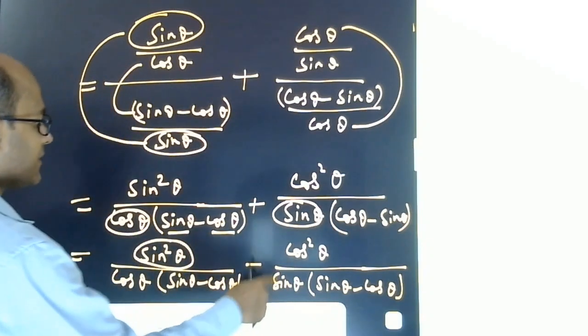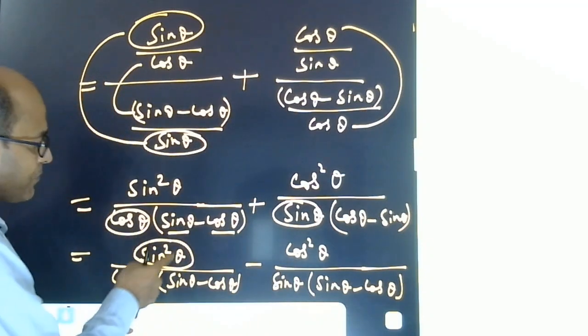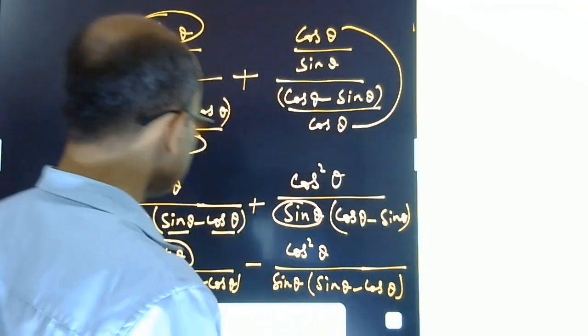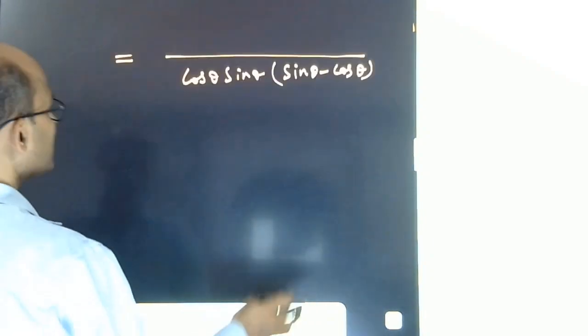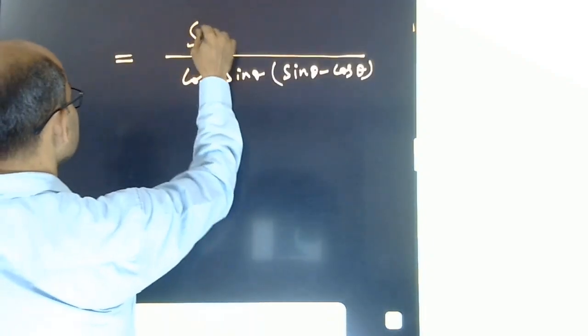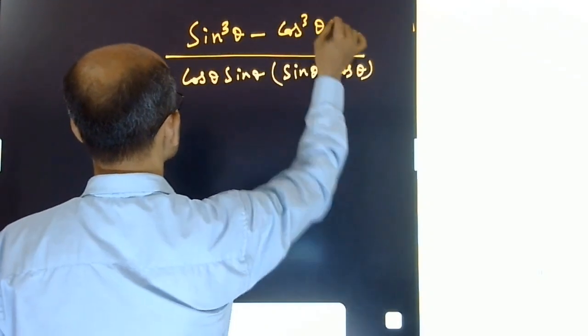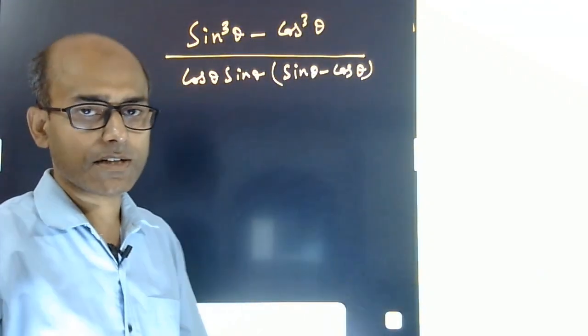That is sin theta. So sin theta will get multiplied with sin square theta and will give the value of sin cube theta. Exactly in the same manner, this will become cos cube theta. I hope you are understanding.